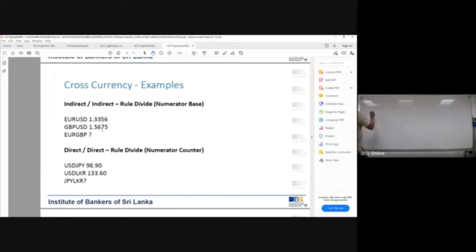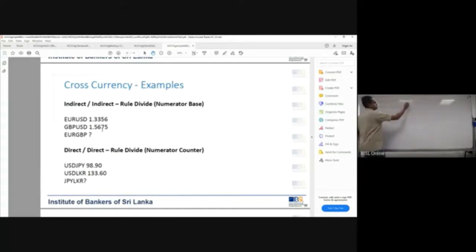So the question is, what is euro sterling? If you look at the three pairs of currencies, the first two have dollar as common, whereas the third one does not have dollars. So what you can do is insert dollars somewhere in between.